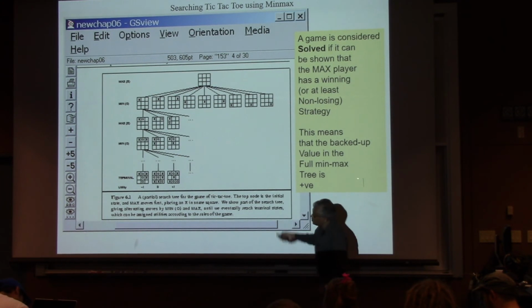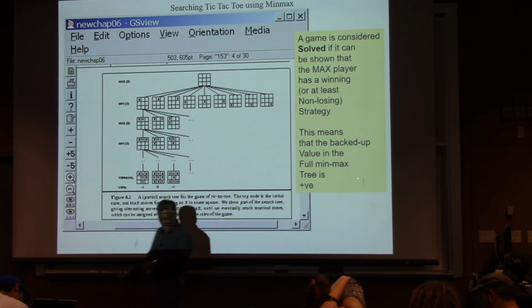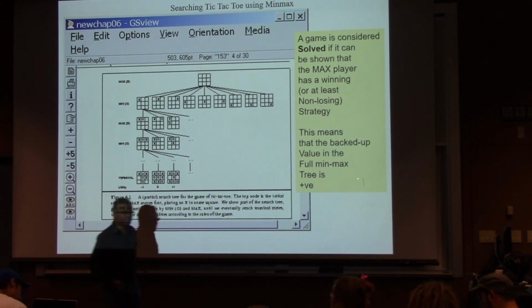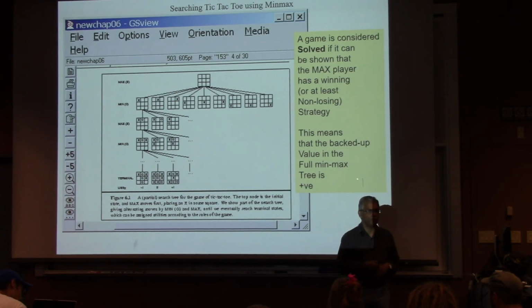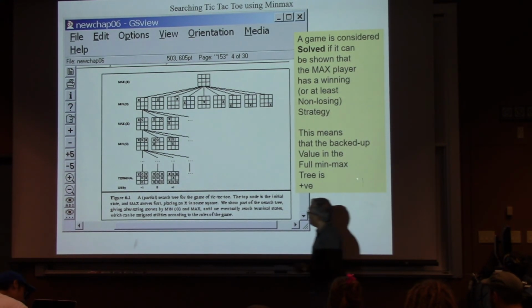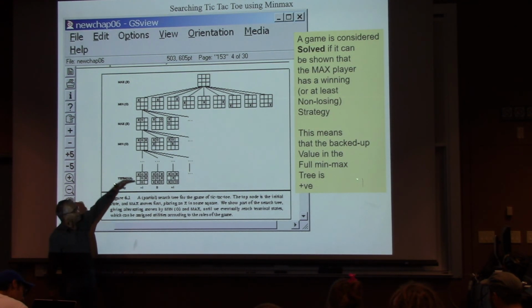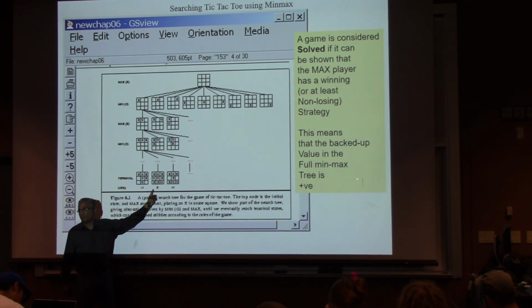The deeper you get into the game tree, the more information you have about the game, because some particular move might look nice and shiny at the top level, but as you go down, you will find that if you make that move, you basically lose. Every possible way of playing the game after the move, you lose. And you figure that out, in the most simple min-max search, by expanding the tree until the leaf level, where every node is either a known loss, known win, or known draw.